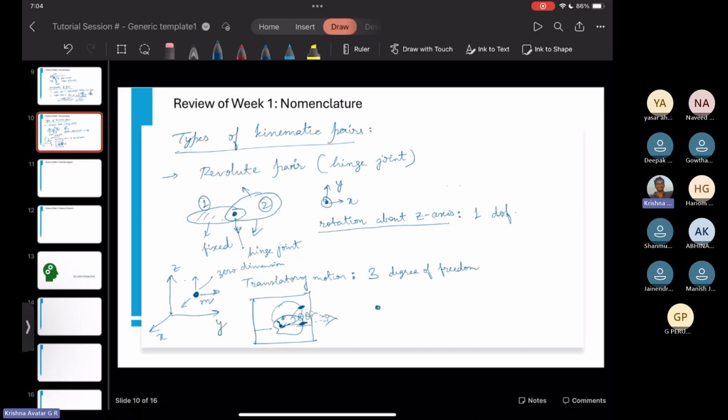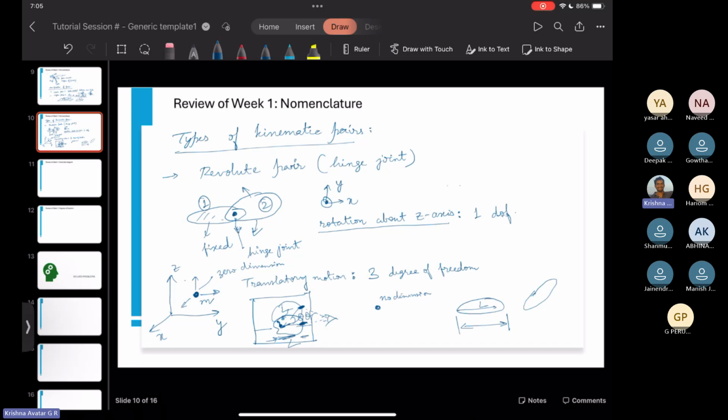But a point has no dimension. Unlike in this case, where we could see that it has some length L from any side, so we could make sense that it has rotated because this is still the length L. So this was the length before rotation, and this length is still the same.